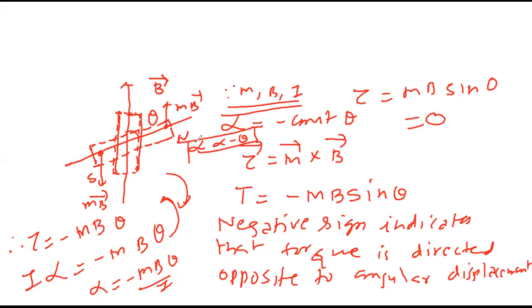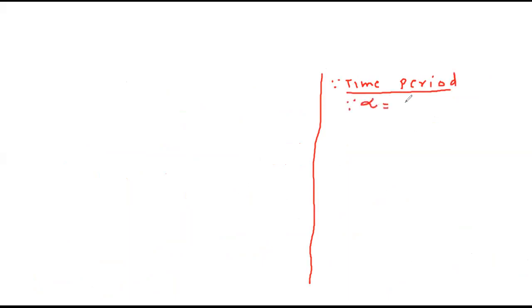Now, how to find its time period. Since alpha is minus mB upon I into theta, alpha equals mB upon I into theta in magnitude.